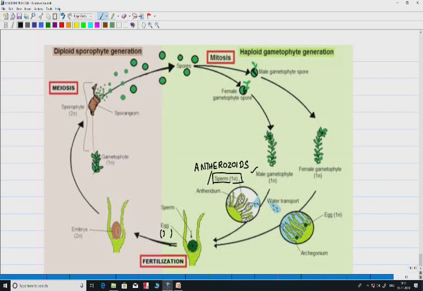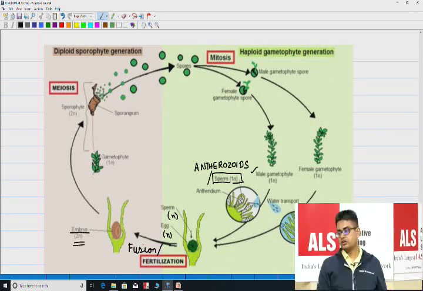Sorry, the egg is haploid, n, and the sperm is n. Egg is formed by mitosis, and sperm is also formed by mitosis. When they fuse together, this is called the fusion or fertilization event. Then the embryo is formed, and it will be 2n.